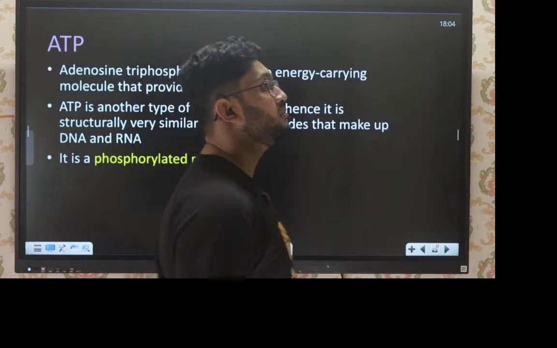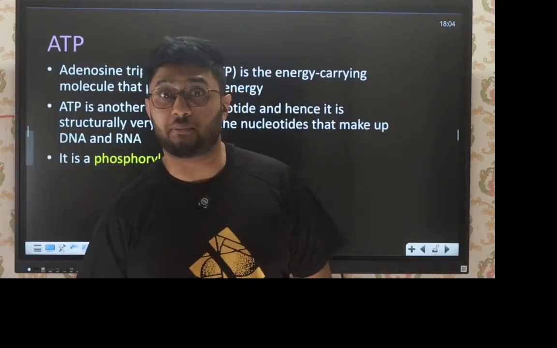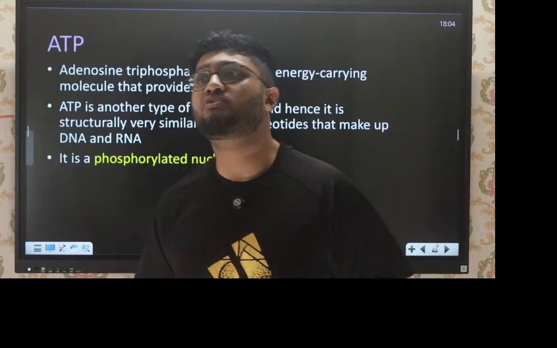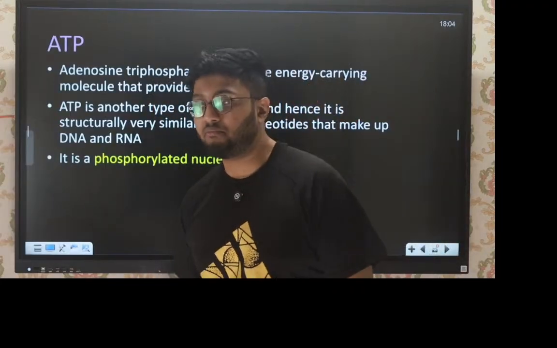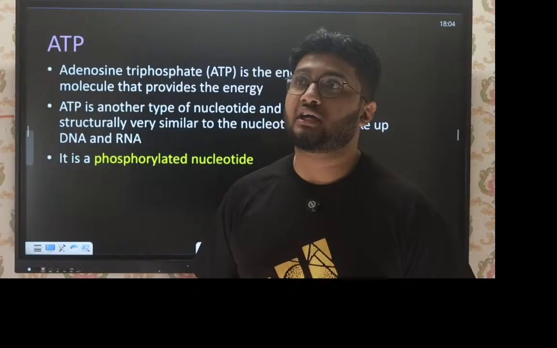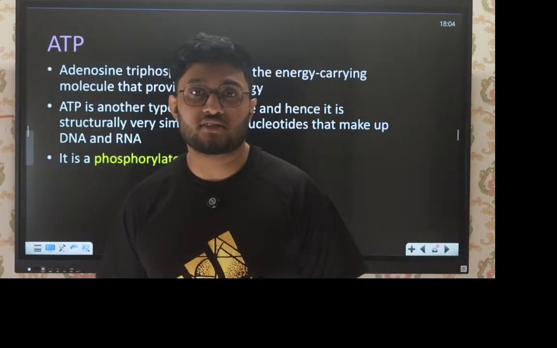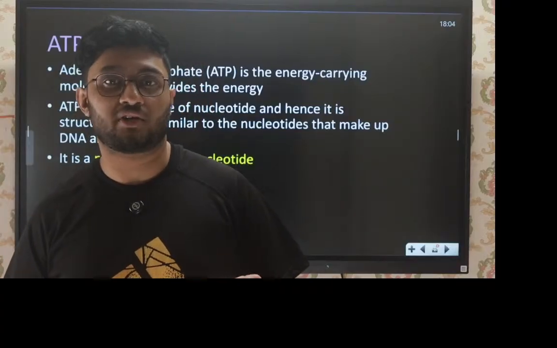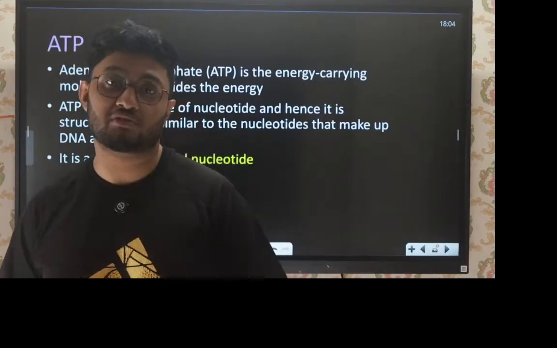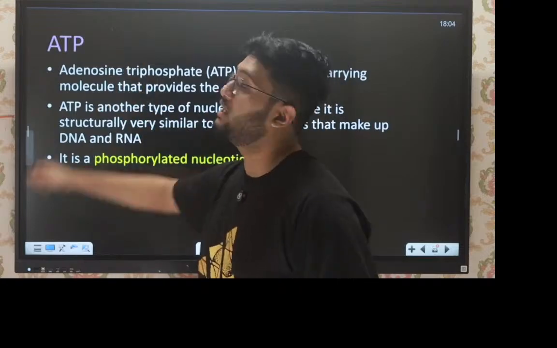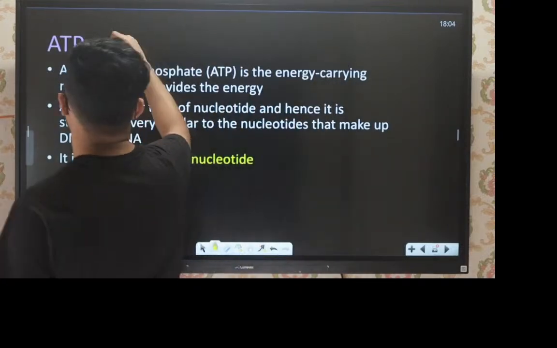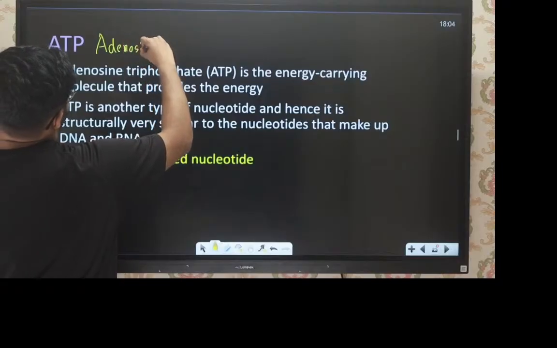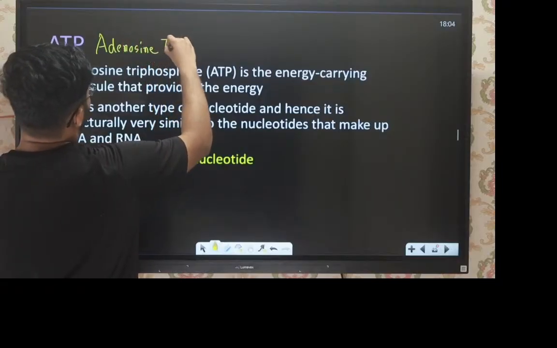At this level, most of you are aware of what ATP is, the energy molecule, and ATP is actually a form of nucleotide. It is formed by a phosphorylation process. Basically, AMP, adenosine monophosphate, turns into ADP, adenosine diphosphate, which turns into ATP, adenosine triphosphate. Knowing the full form is as important as knowing what it is.